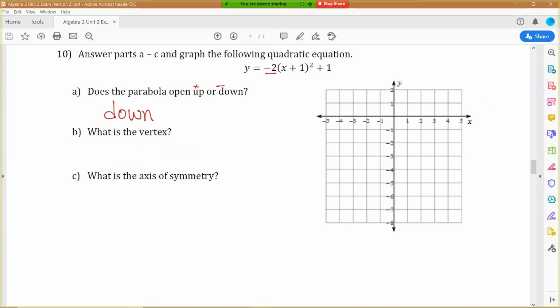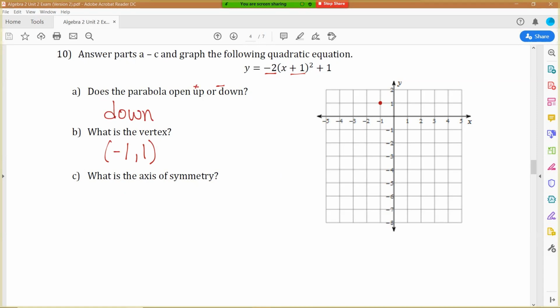What is the vertex? So to find the vertex, if I'm in vertex form, I want the opposite of the inside. So I want the opposite of +1, so I want -1. And then the number out at the end stays the same, so -1 comma +1. So if I graph my vertex, -1 comma +1 looks just like that.